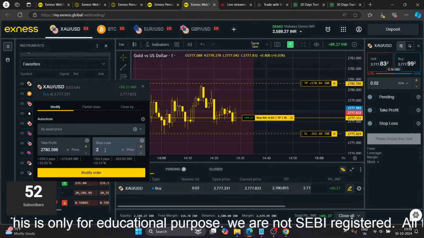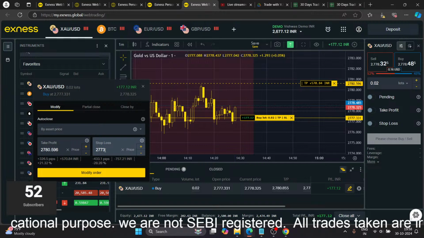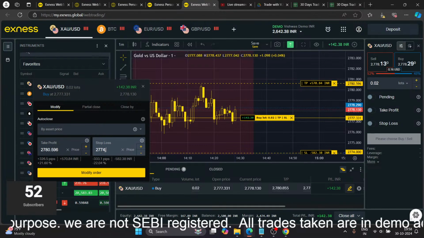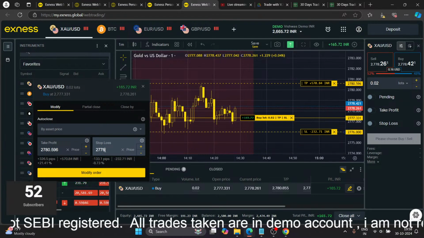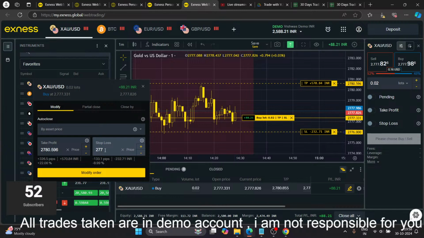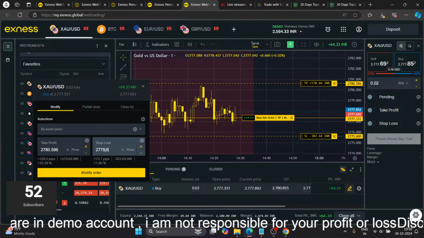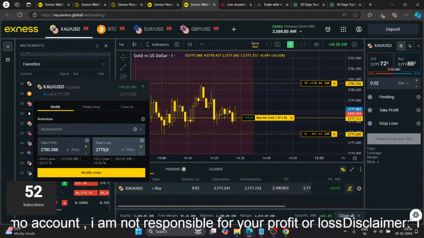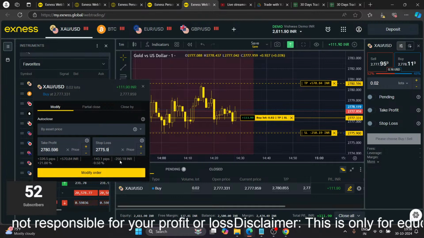Just reduce it to 2774.5. So your stop loss is 250 rupees.